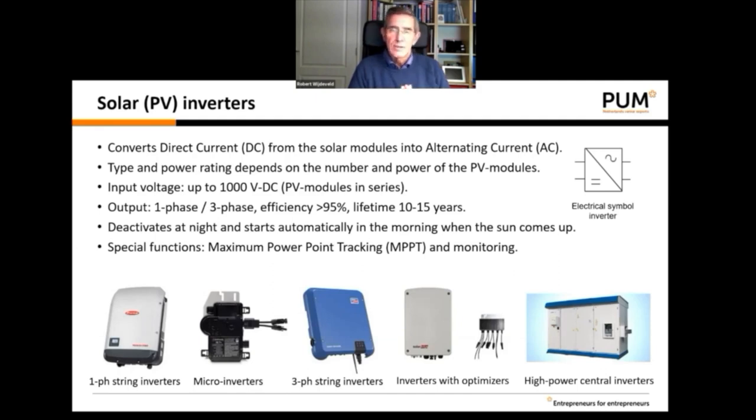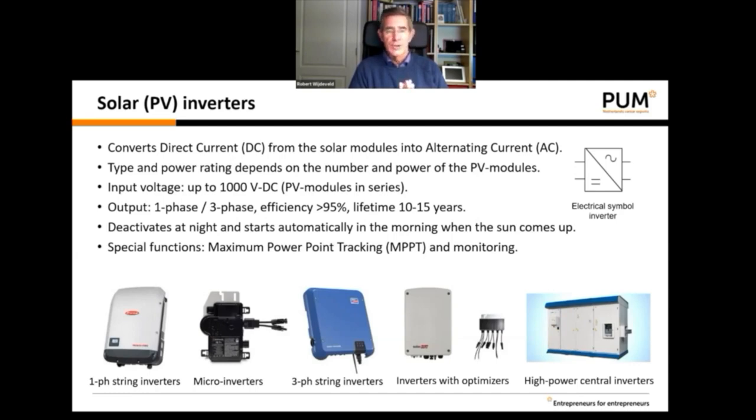So we know that a solar module has a lifetime of about 25 years. So in the lifetime of a solar system, you have to replace the solar inverter one time. You have to take that into account when you make a calculation about the costs over the 25 years. The inverter deactivates at night and starts automatically in the morning when the sun comes up.